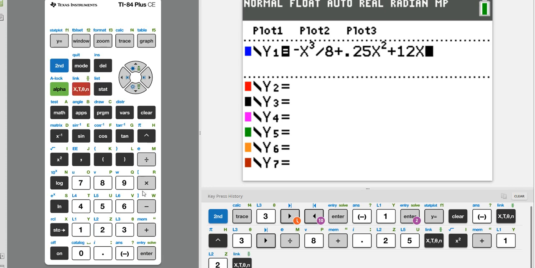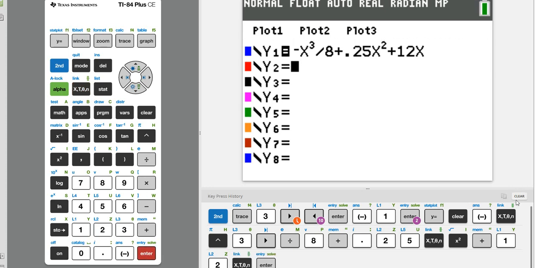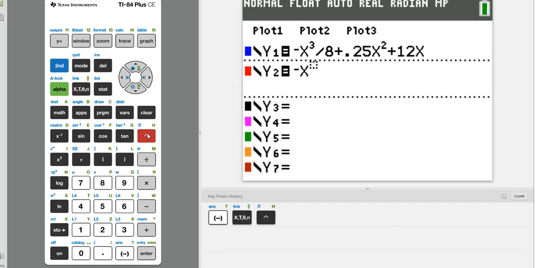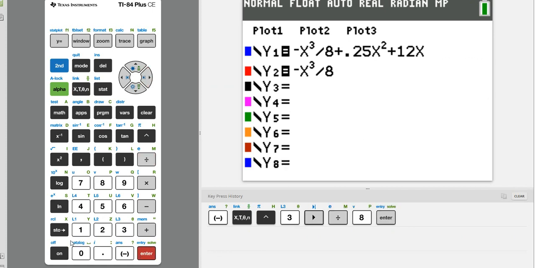Well, that's one graph. Let's plug in the other one. Negative x cubed divided by 8. Now these look a lot different in terms of the functions, but their graphs are eventually going to be pretty close to each other.